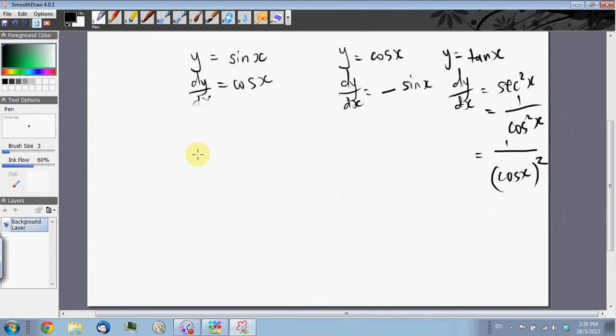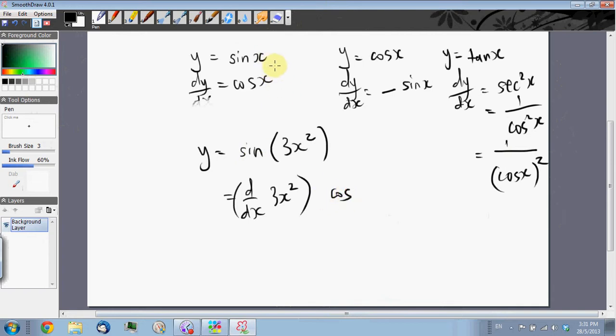How about something like y equals sine of 3x squared. Again, differentiate inside, change the sign to cosine because you have to follow this rule, and then keep what's inside. So this will be 6x cosine of 3x squared.